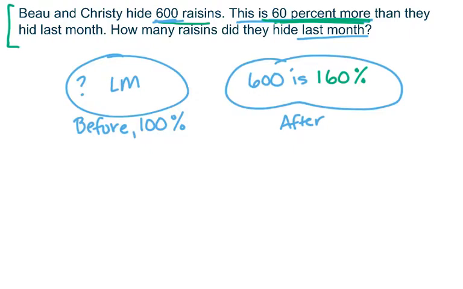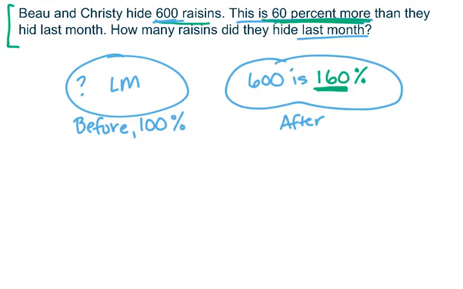So if you're talking about 60% more than before, you need to add that to the original 100%. That's where sometimes these problems go wrong, is you just write a 60% there. But really, we've increased it this month by 160%. So we're going to use this diagram to help us write our statement that can be used to solve the problem.